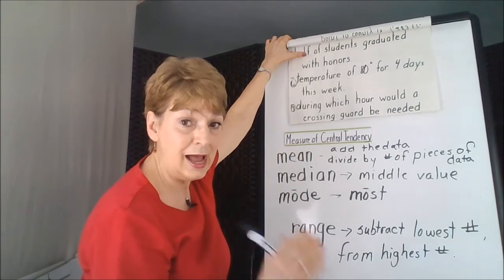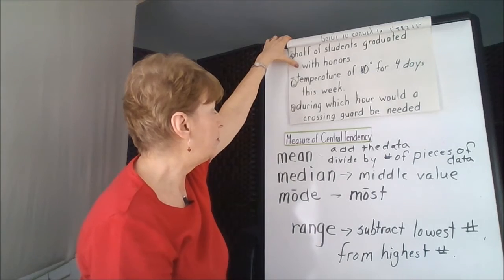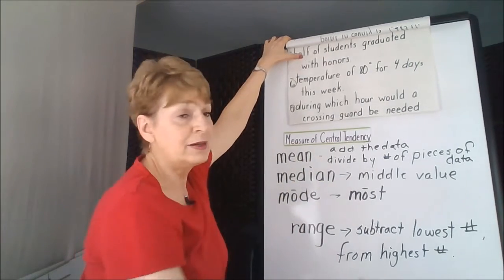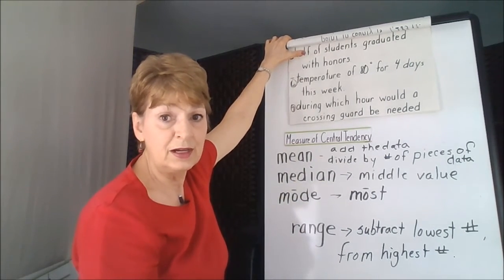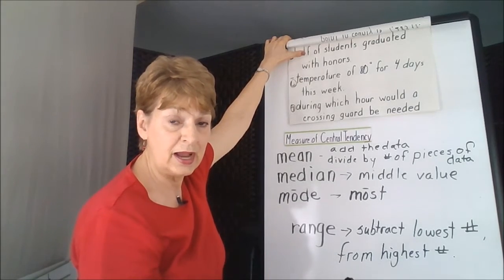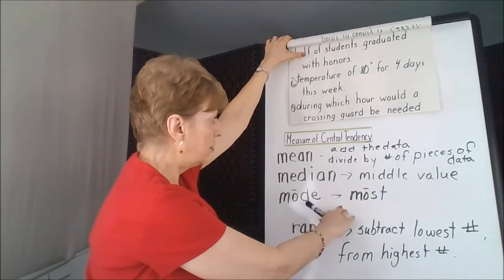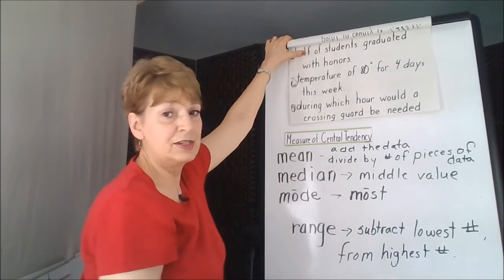Or are there peak times for when the crossing guard is needed? Isn't the crossing guard needed when you have the most traffic? When the most children are being dismissed or arriving to school? So that would be mode. This is another way of suggesting mode.